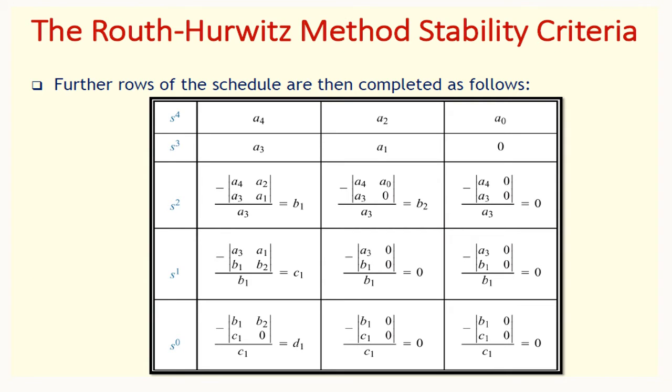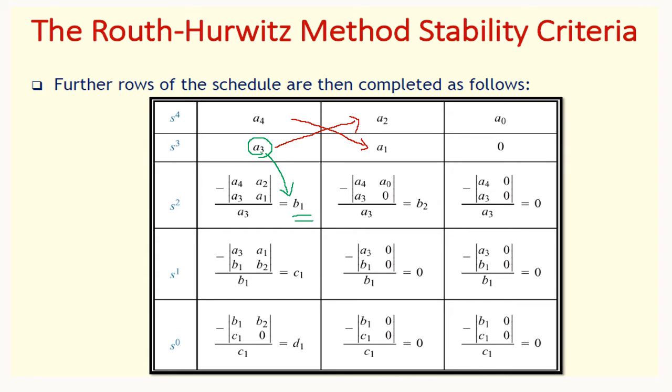Now, how do we solve this? So, first thing is, we multiply A3 by A2, then we take a minus sign, we consider A4 multiplied with A1, and we divide it by A3. This value is nothing but B1, that is the determinant of A4, A3, A1 and A2 divided by A3, and we get B1.